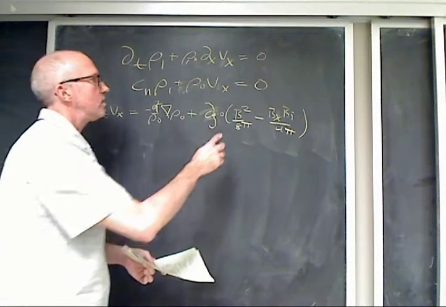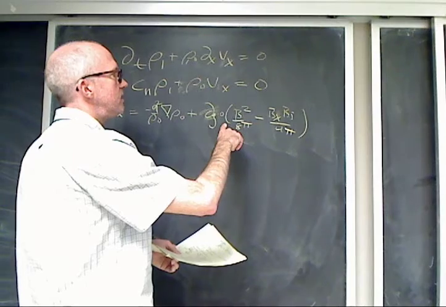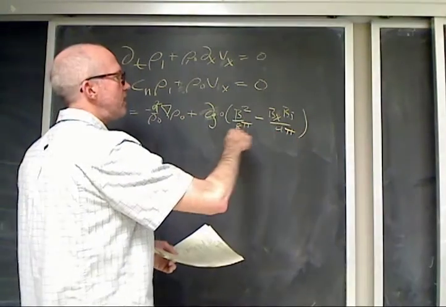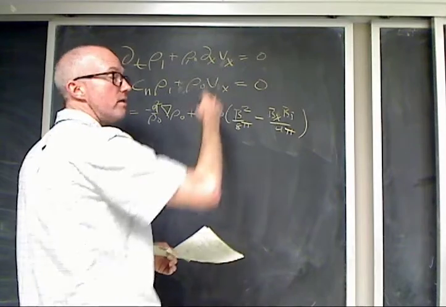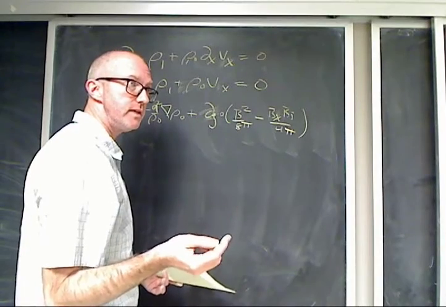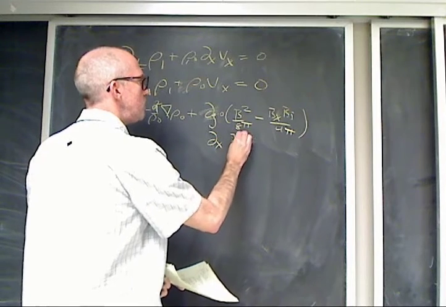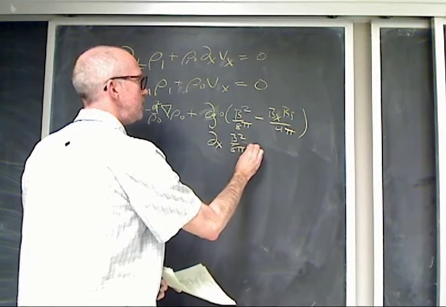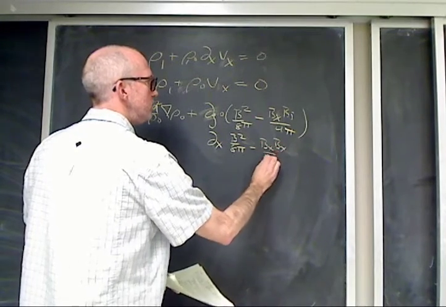So if I expand this out a little, because of how I've oriented my coordinate system, the only derivative that I get is the x derivative. So this is d by dx of B squared over 8 pi minus Bx over 4 pi.